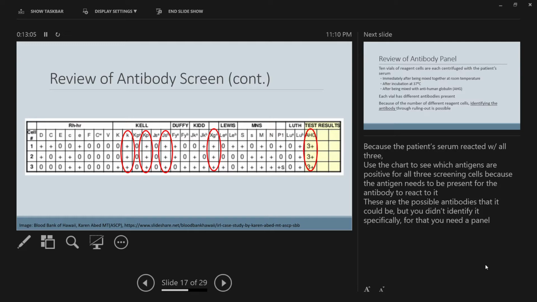So this identifies, and I've circled in red, which antibodies are the possible antibodies that we'll be looking for in the antibody panel.